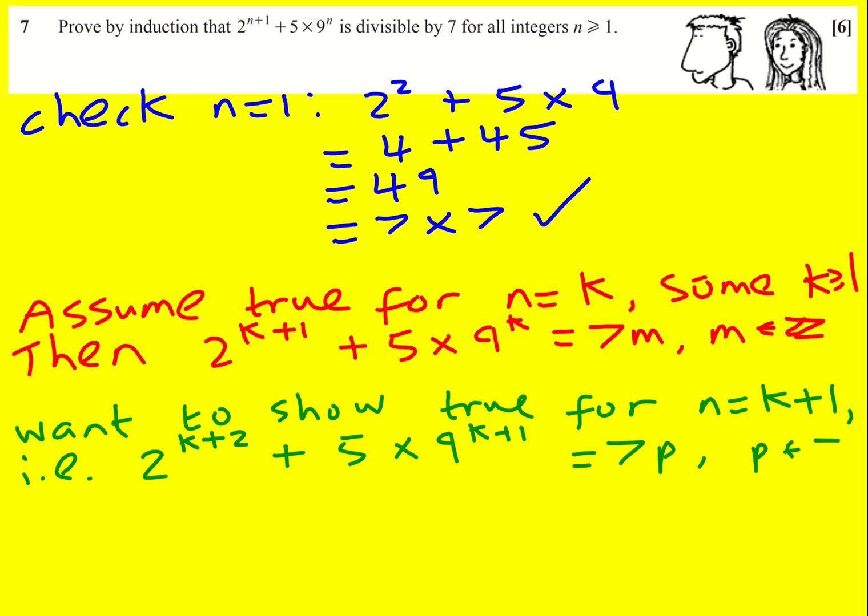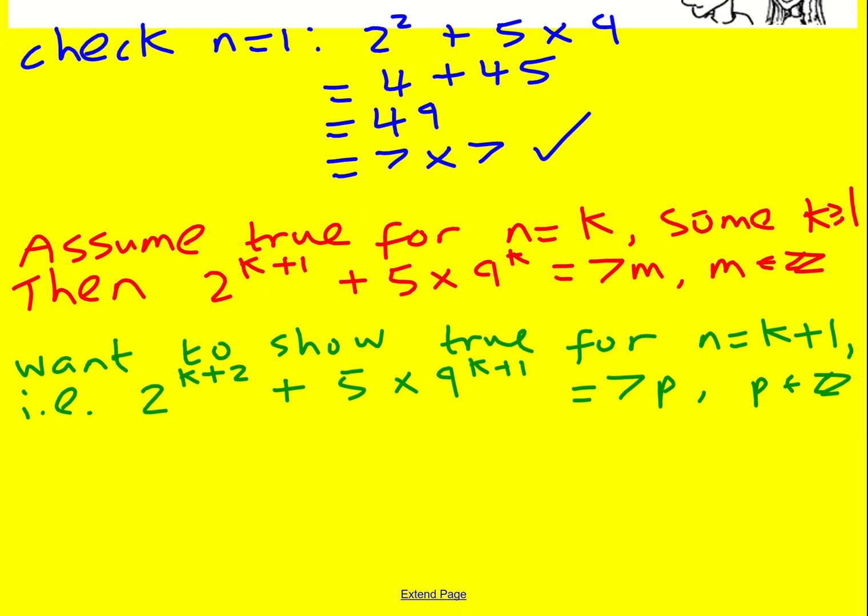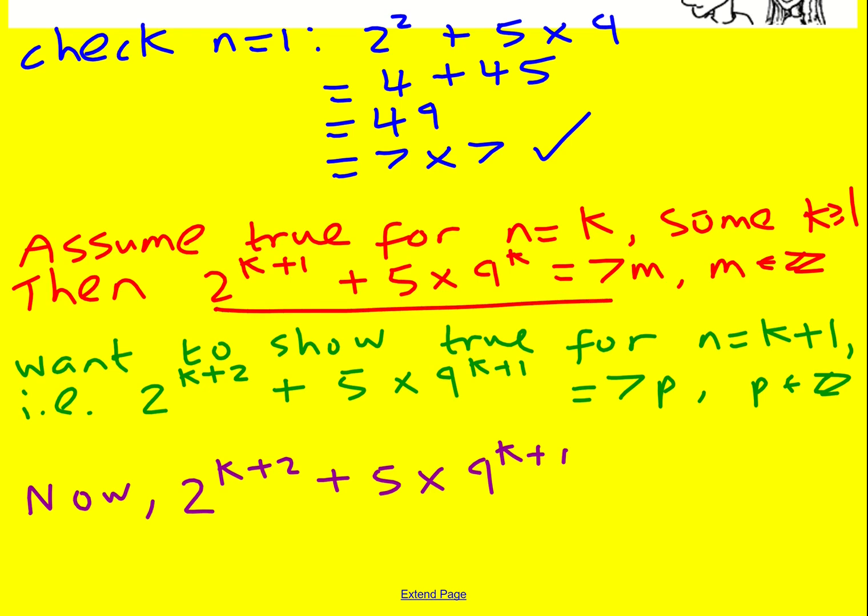P is some other integer. Okay, now the method is that we're going to start with this 2 to the k plus 2. We're going to somehow use this piece of information. This is crucial to show that the purple statement's a multiple of 7.